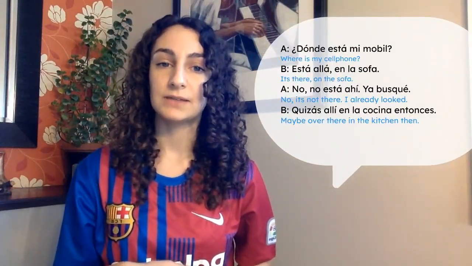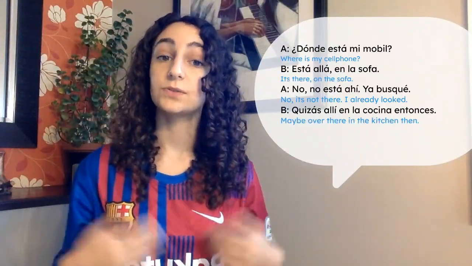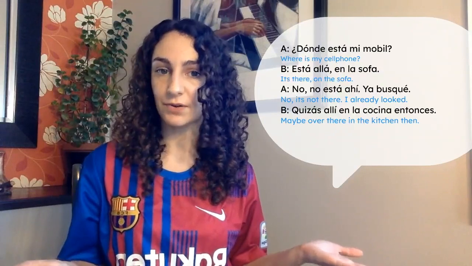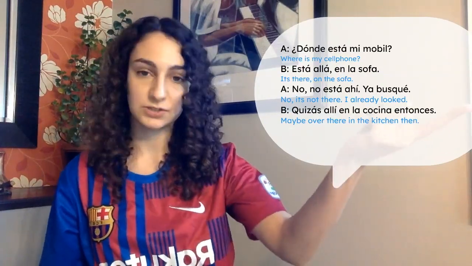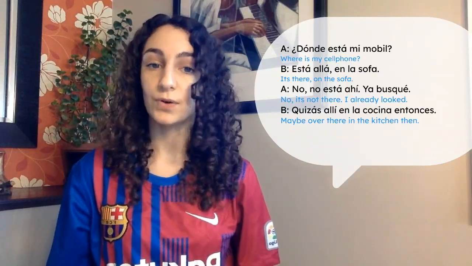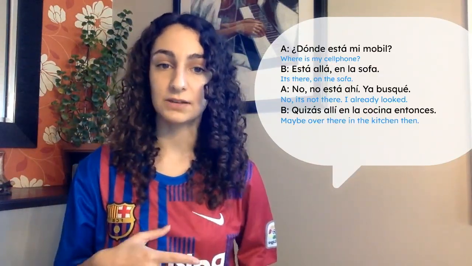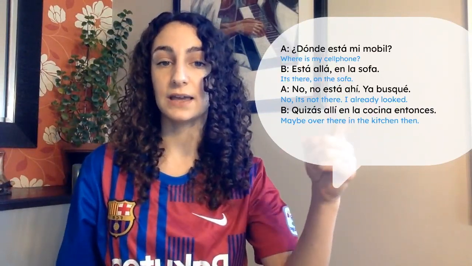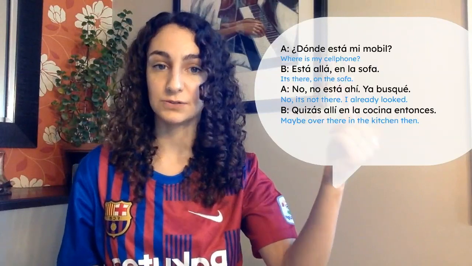So I'm asking about my phone. So I have speaker A and speaker B. So, ¿dónde está mi móvil? Where is my phone? Está allá en la sofa. So I'm looking at it should be there on the sofa. No, no está ahí. Ya busqué. So no, it's not there. I already looked. So the reason why we're using ahí is again because it's replacing the words la sofa.